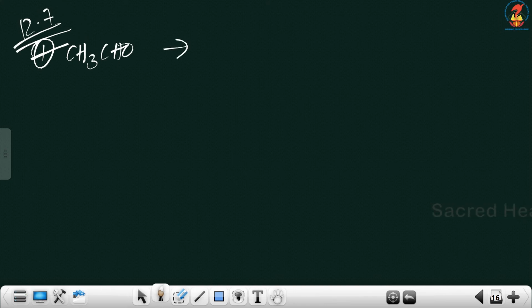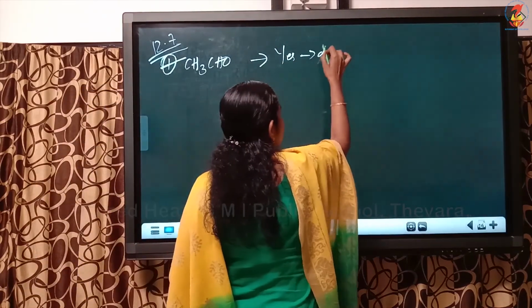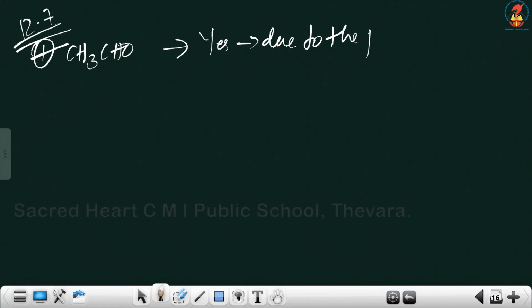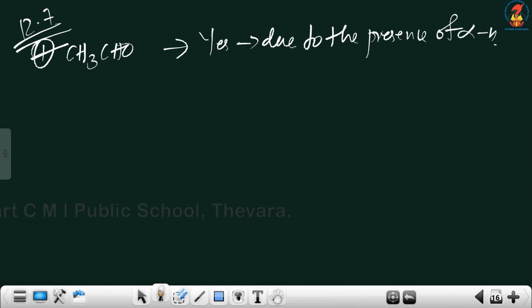Can this undergo aldol condensation? Yes. Why is it undergoing aldol condensation? Due to the presence of alpha hydrogen. And you can write the equation also. So many times we wrote this compound.